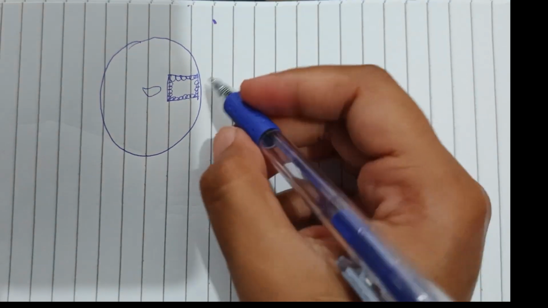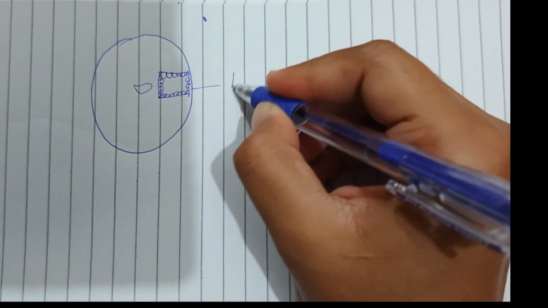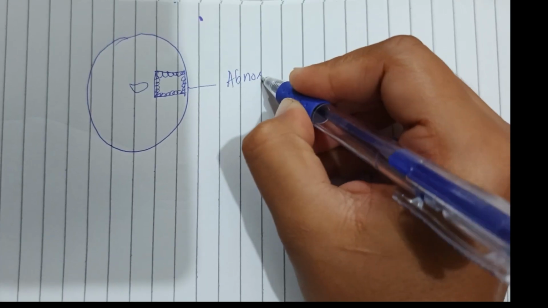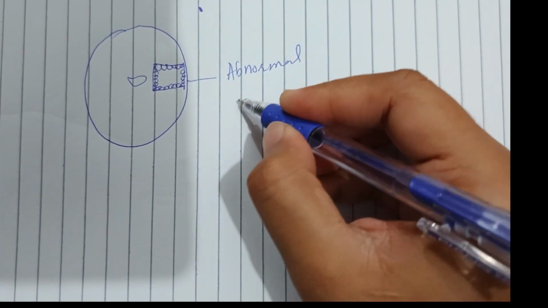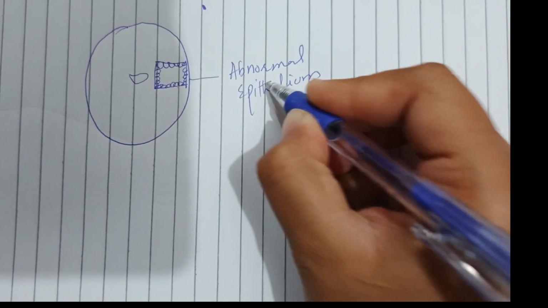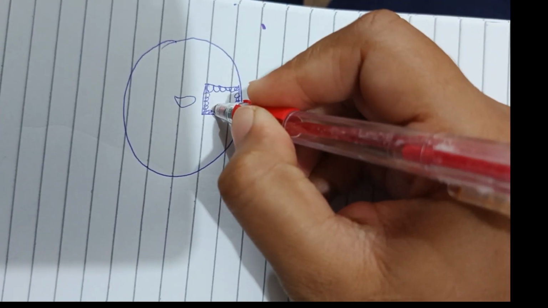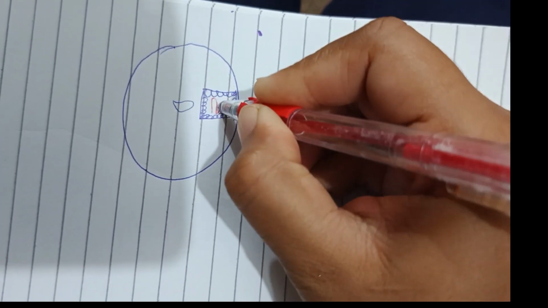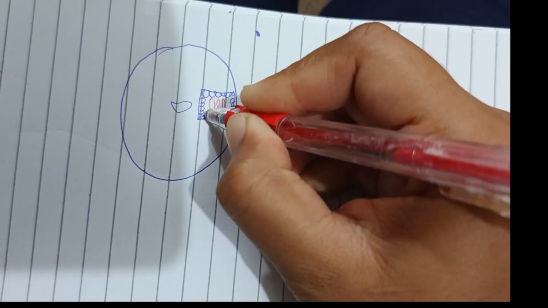This is the epithelium inside the cervix, and this is abnormal epithelium. Inside the epithelium, you can see blood vessels.